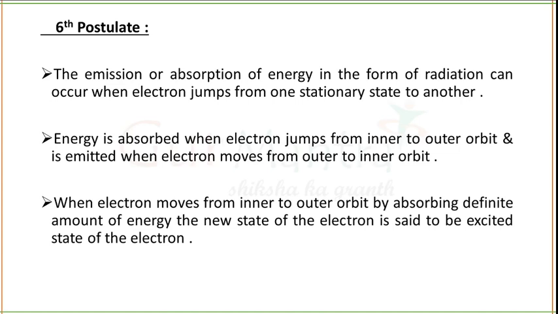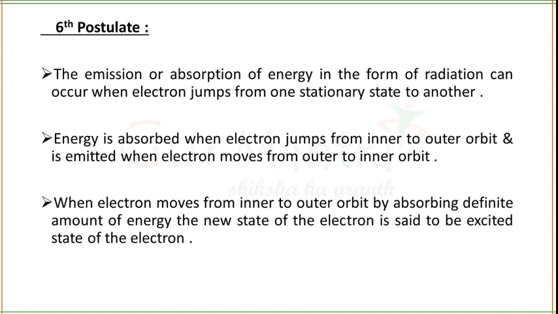Moving forward to the next postulate, which explains the emission and absorption of energy. So, the number 1 point is emission or absorption of energy in the form of radiation can occur when electron jumps from one stationary state to another. Energy is absorbed when electron jumps from the inner orbit to outer orbit.